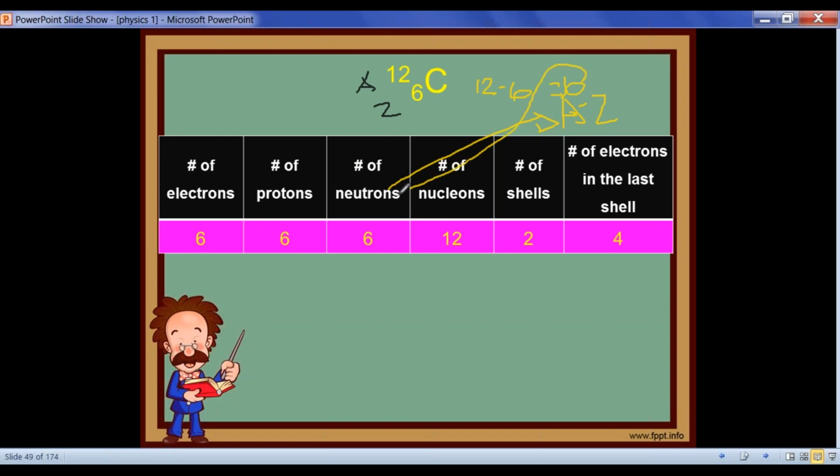From here, let's bring it here. Okay, number of neutrons is 6. Number of nucleons, ito po siya.